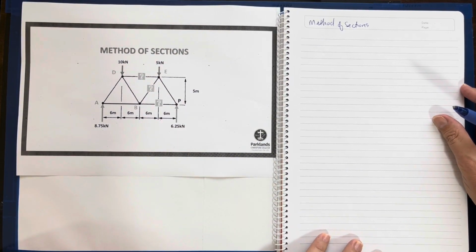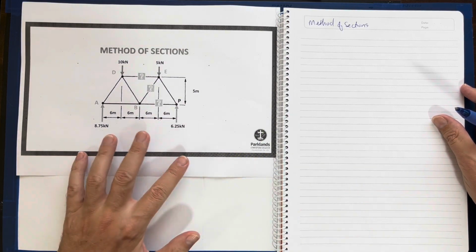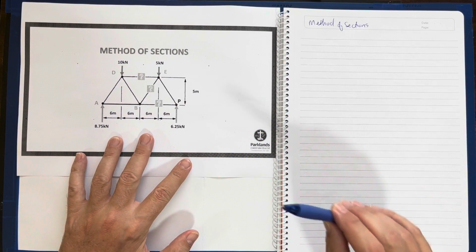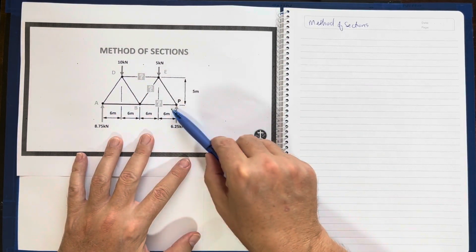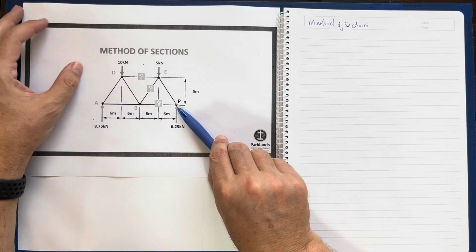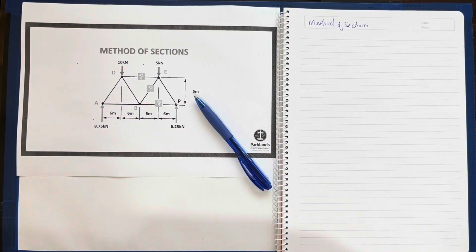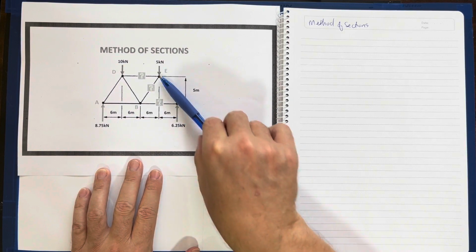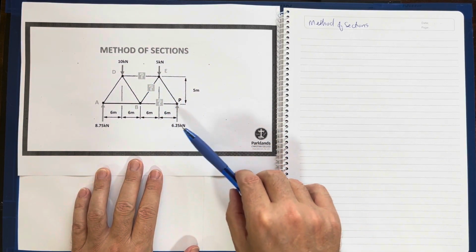Now, what method of sections does is it goes by certain principles. This is a little truss bridge here, a little Warren truss, signified by its little triangles in this particular shape.